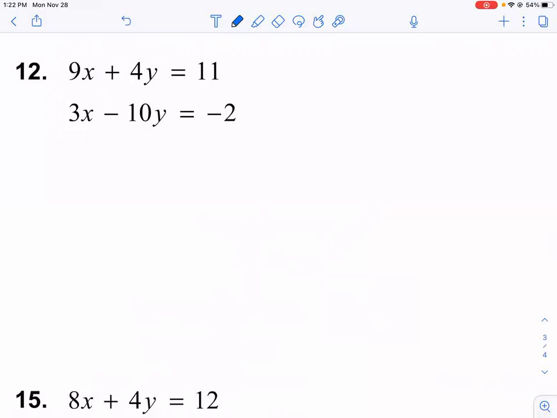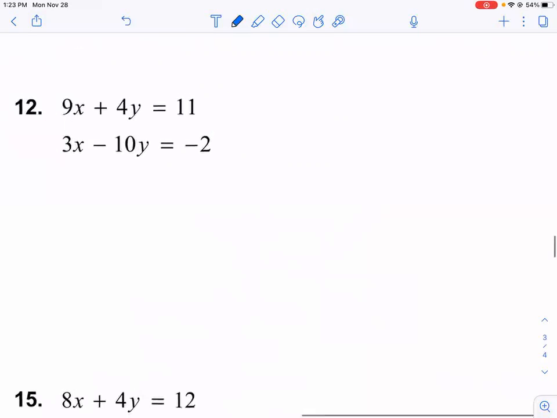Okay, raise your hand if you think we should make the y's opposite. Raise your hand if you think we should make the x's opposite. Okay, the x's is going to take less effort for us to make opposite, because if this is a 9x, what can I multiply this second one by? -3.